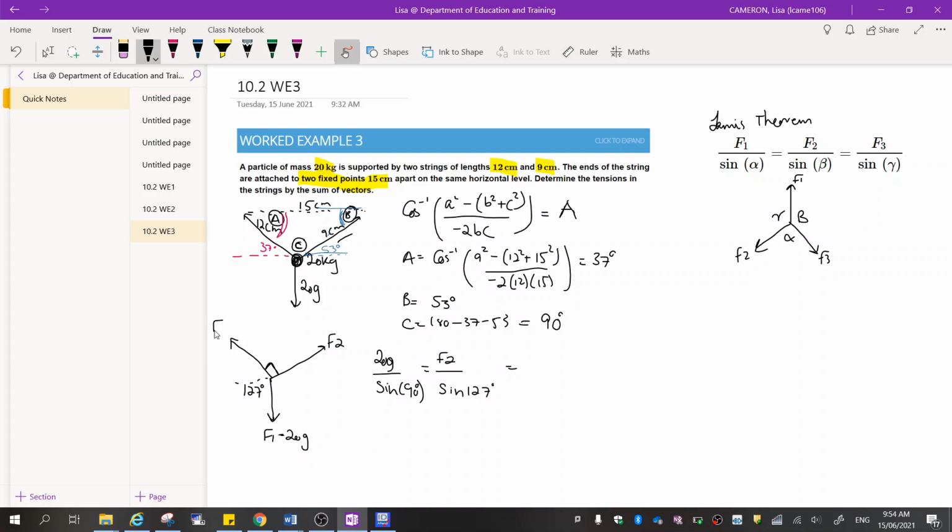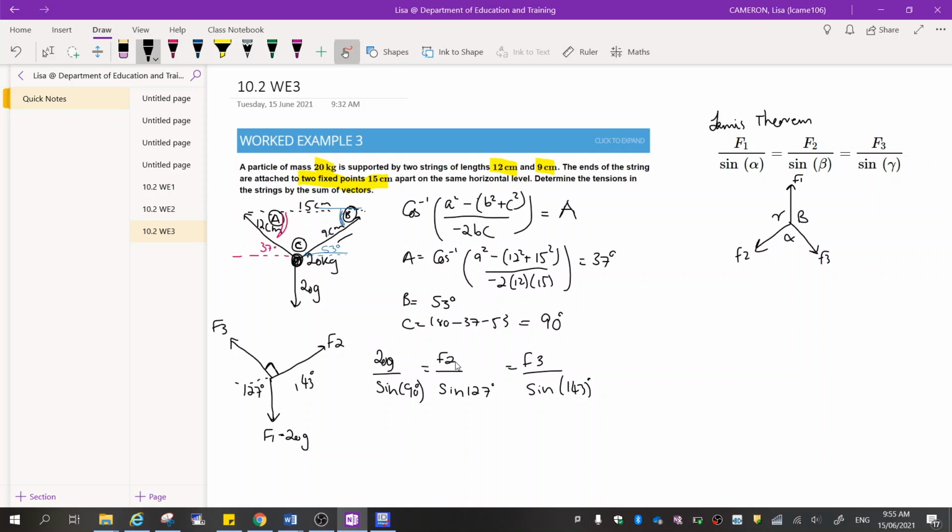Okay, the next one that we're finding over here, force 3, is going to be over sine of 53 plus 90, which makes 143 degrees. So 143 degrees. Okay, so now I can start putting some numbers in these things just to solve it.